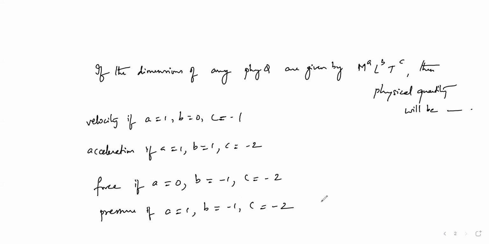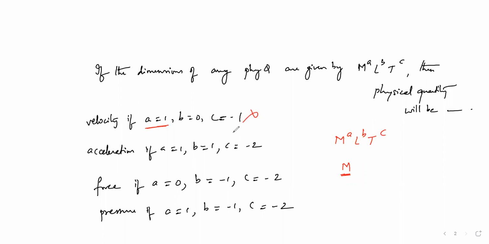First of all, the given expression you see, M^a L^b T^c. Let us say I am taking a value as 1. If I take a value as 1, I will have mass. Does velocity have mass? What is velocity? You will have only length and time, correct? Yes, sir.